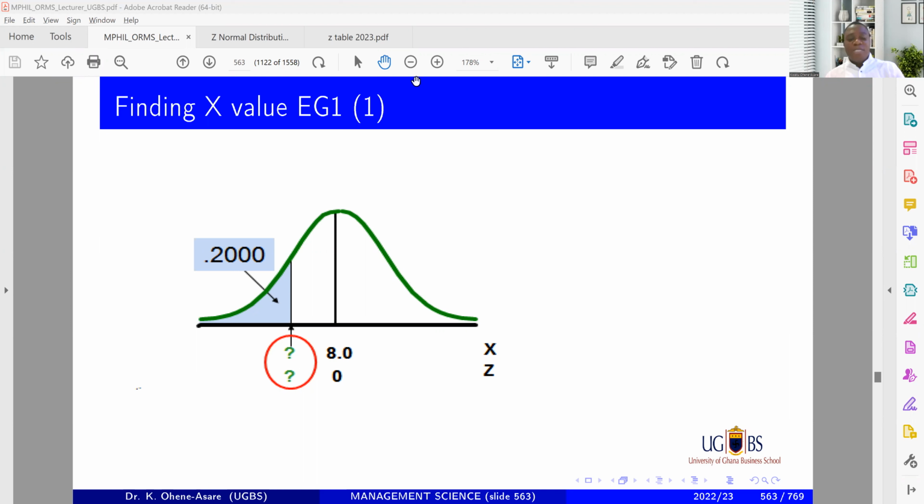Somebody has answered. I saw the chat. The person says it is yes, 8 and 5 are different values. Abdullah, what do you mean by 8 and 5 are different values? Can somebody who understands what she's saying unmute himself and explain to me? I think what she's talking about is the price on the graph you drew.